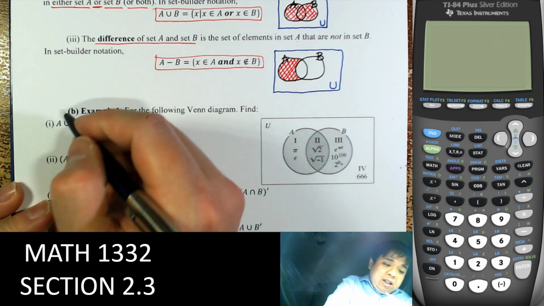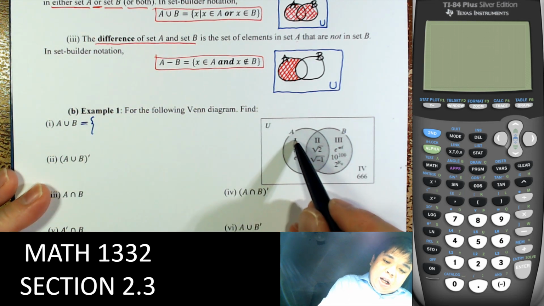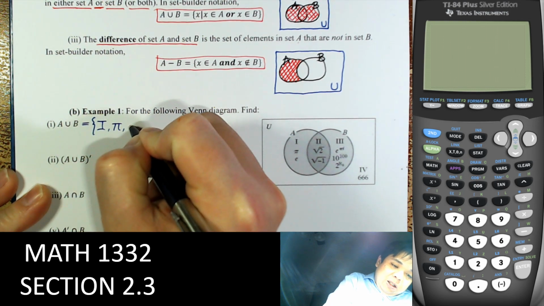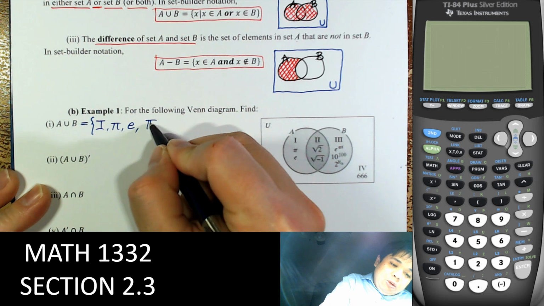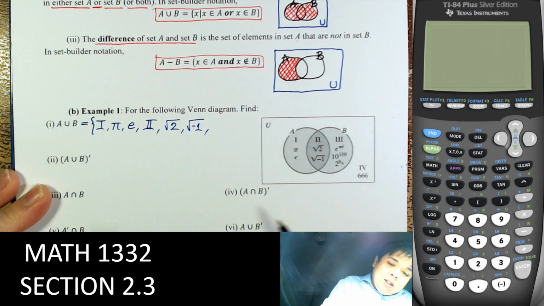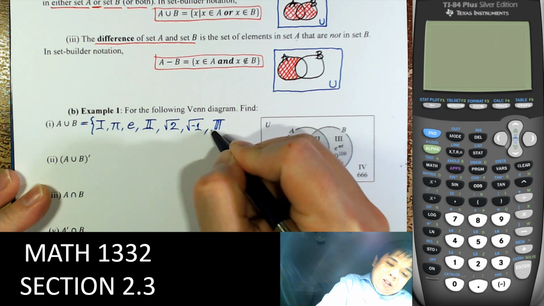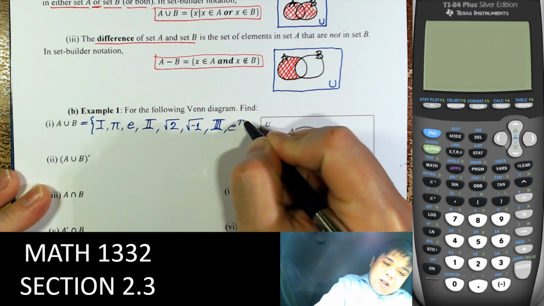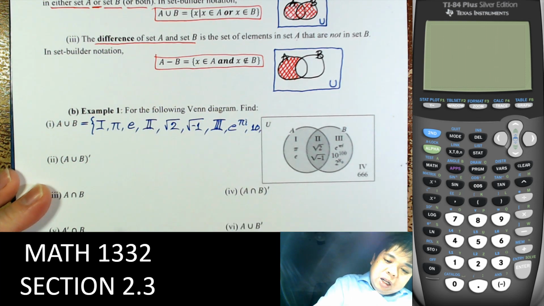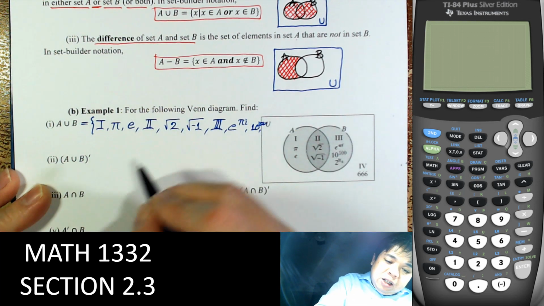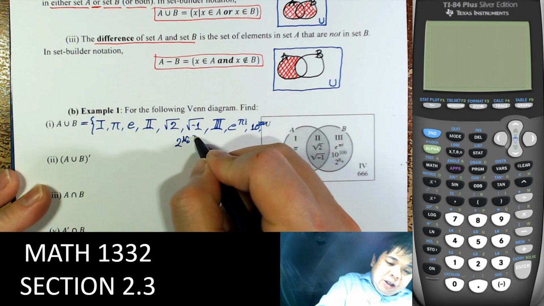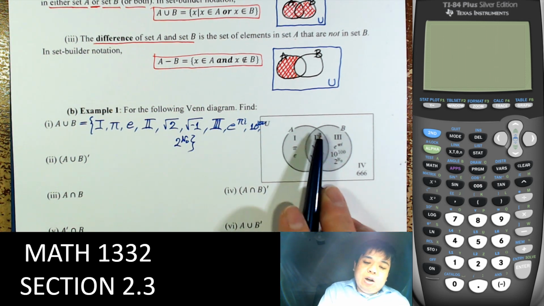So we're going to write down everything, including i, pi, e, 2, square root of 2, square root of -1, and then 3, e to the pi i, 10 to 100, and 2 to that. Right, so pretty much in A, in B, or both.